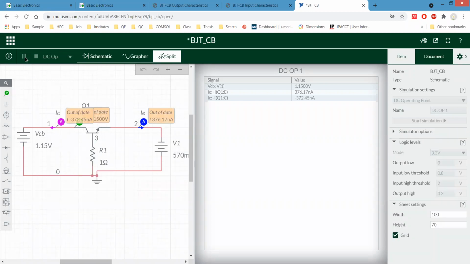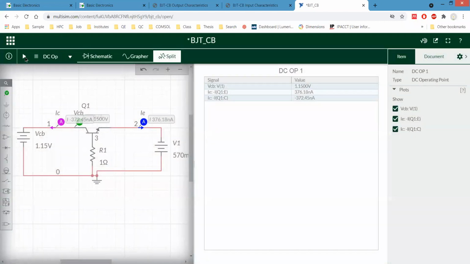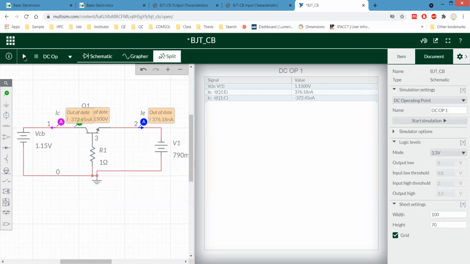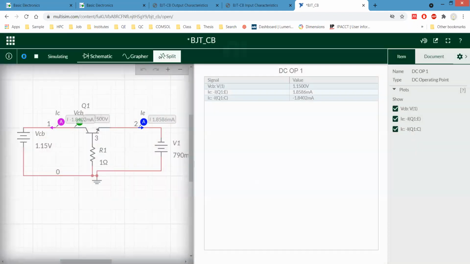In this case also, I think it is saturated. Let's increase this. I don't know why it is happening. Let's improve it, I think now it will give some milliamps of current. Okay, now I think it is fine.